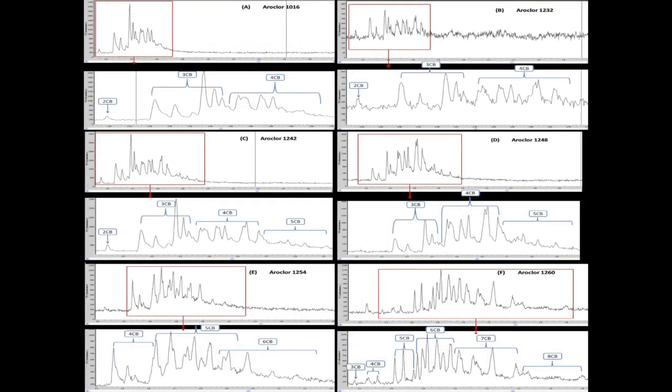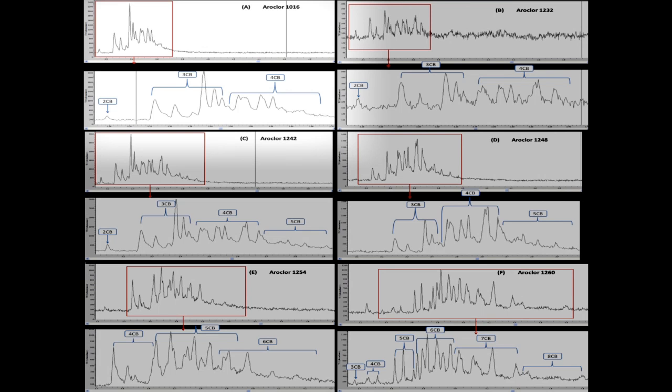Here are some examples of different Aroclor mixtures. So we've demonstrated it for Aroclor 1260. Here's a 1016, because the average number of carbon atoms here is going to be 10 instead of 12. It's a much lighter mix, and so it shows up much earlier in this chromatogram. And there's a mixture of 2 chlorinated biphenyls, or 3 chlorine atoms on a biphenyl, or 4, and very little in the way of the heavier, highly chlorinated congeners.